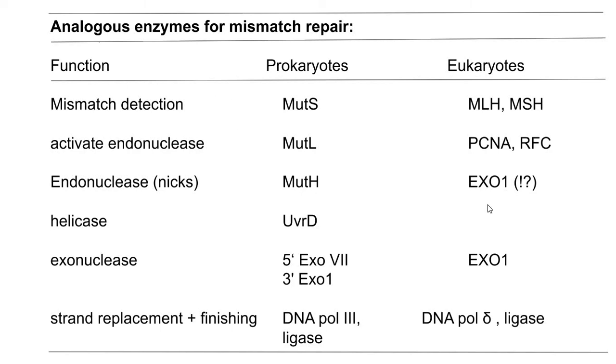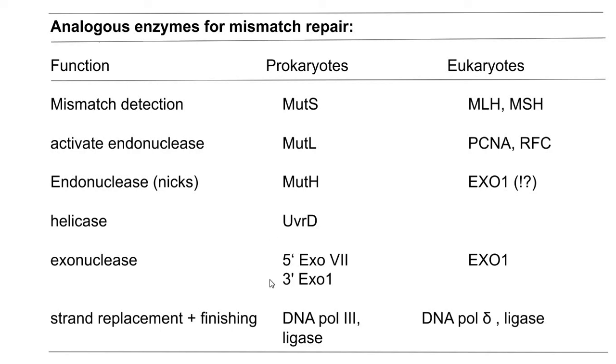In eukaryotes, it's called EXO1, but there probably are more endonucleases that we don't know yet. The helicase that opens up that part of the DNA strands is called UvrD, in prokaryotes. There is no orthologous helicase in eukaryotes that has been found so far.